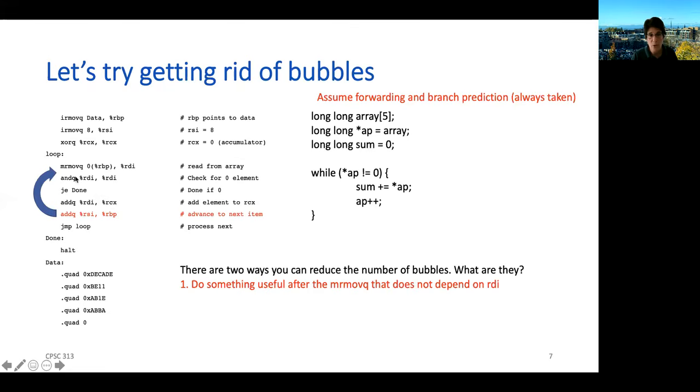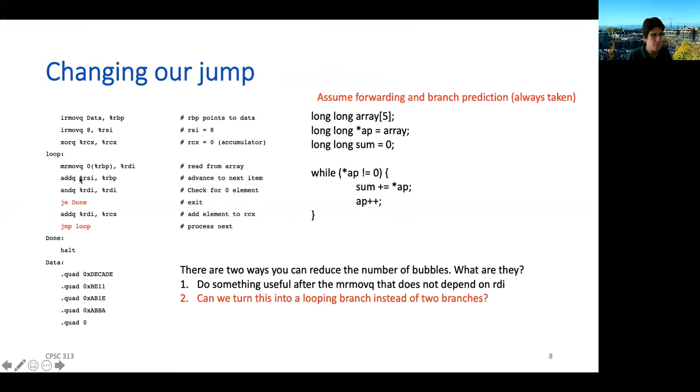What would that do to our CPI? Well, we're no longer going to stall for those 5 cycles. 4 of them we're going to be doing useful work. And 1 time we will have done an add that we didn't actually need. So that seems like a win. So let's do that. So now we've moved the add up here.